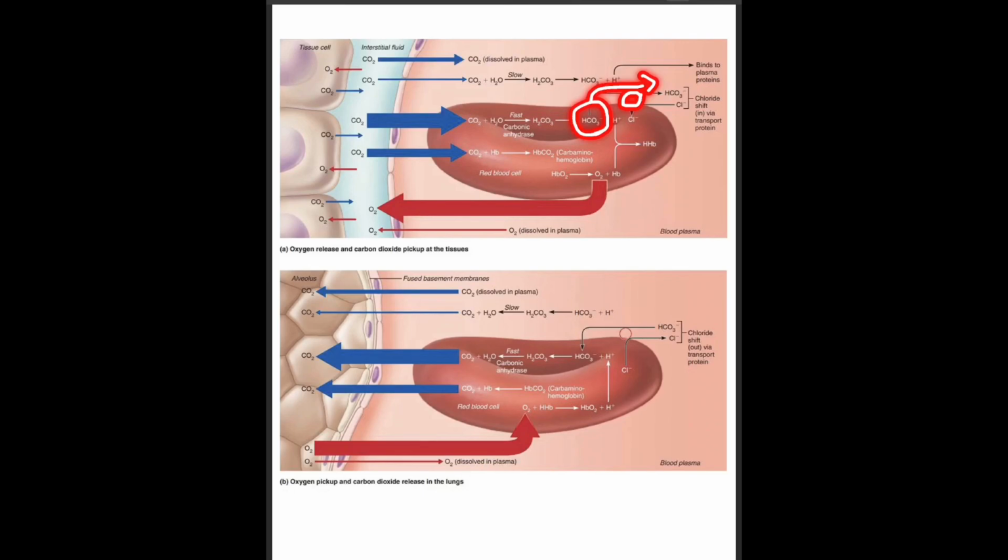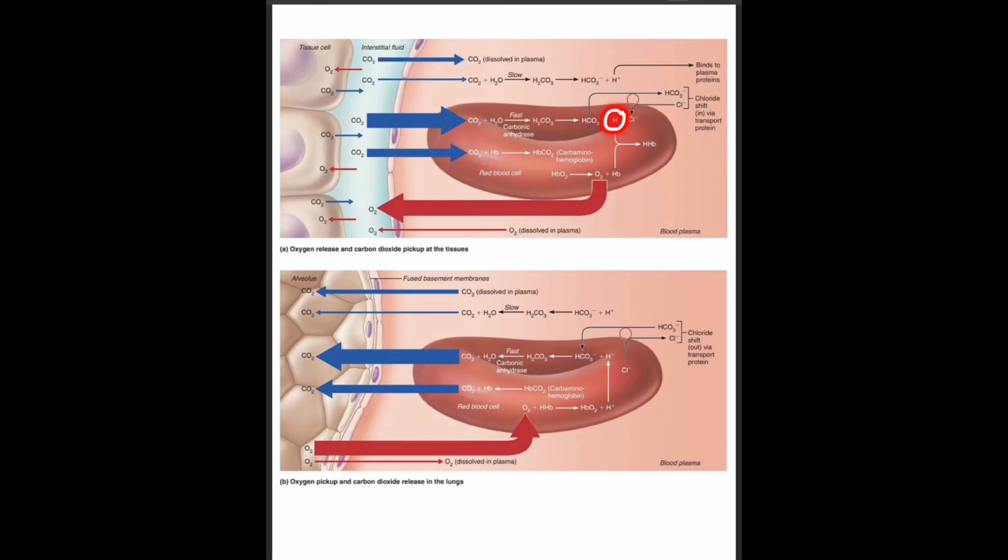Whenever bicarbonate moves outside, chloride shifts inside. Whenever chloride comes inside, it will bring water with it. So here the hydrogen ion will remain in the RBC.